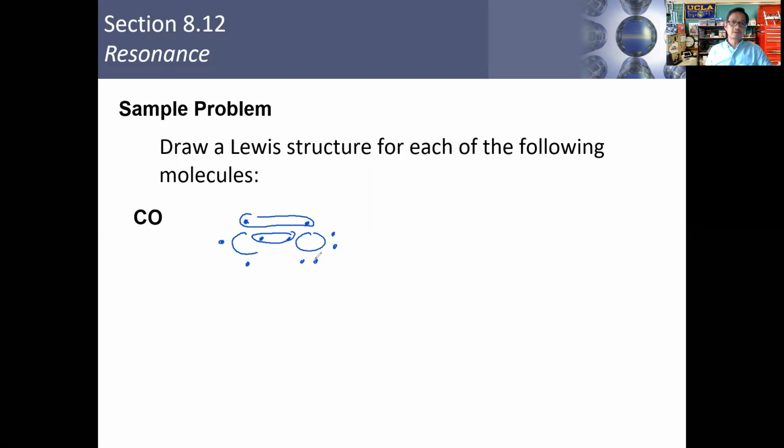So a triple bond has to form, and the third bond will come from these electrons here. In these two bonds, the carbon and the oxygen each contribute an electron, so they equally contribute to each bond. But if only a double bond forms, carbon does not have its octet.